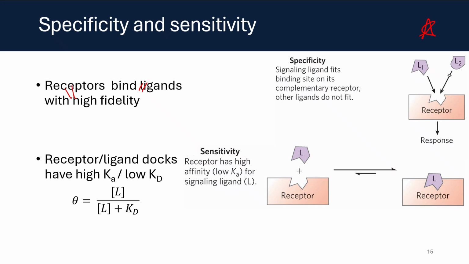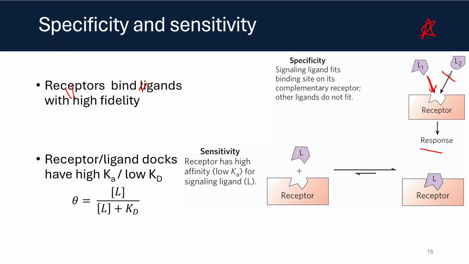These are different ligands with different shapes. L1 is going to fit into that binding pocket perfectly. It's going to click in, induce a conformational change in the receptor, activate it, and bam, you get a response. L2 is free to collide with that receptor's binding pocket. It's just not going to stick, and it will therefore not trigger that response.